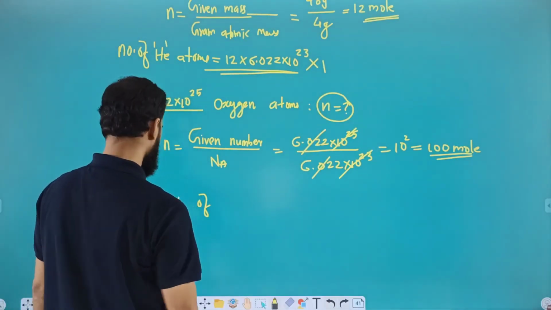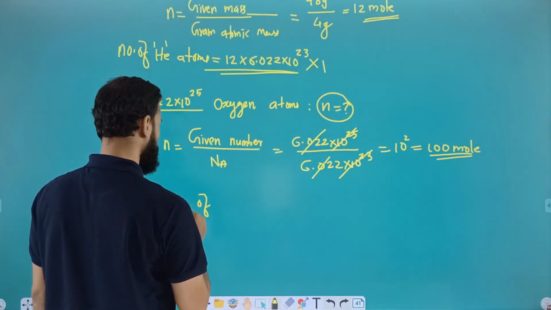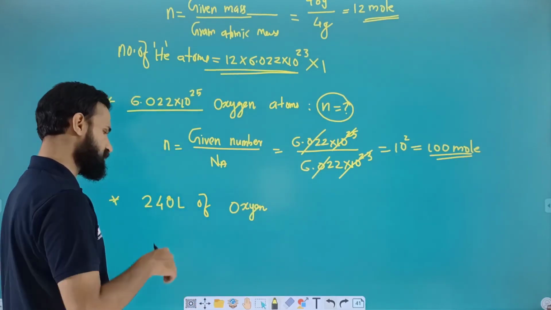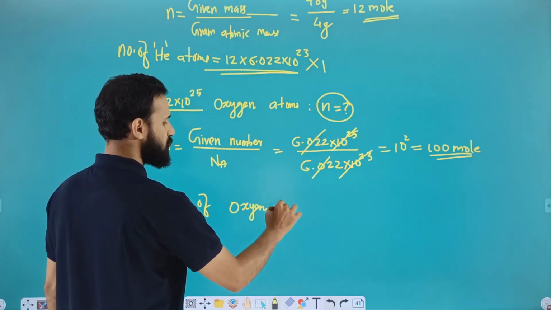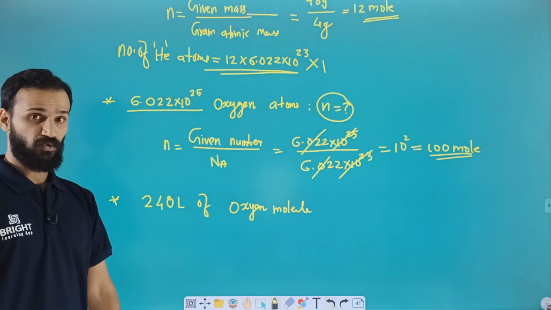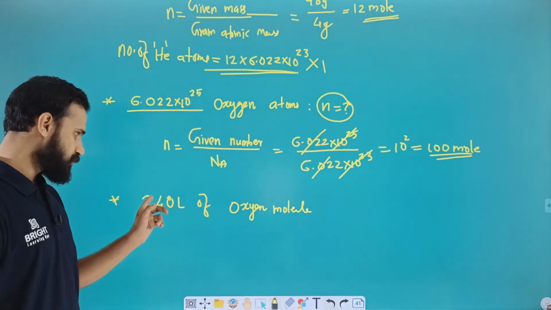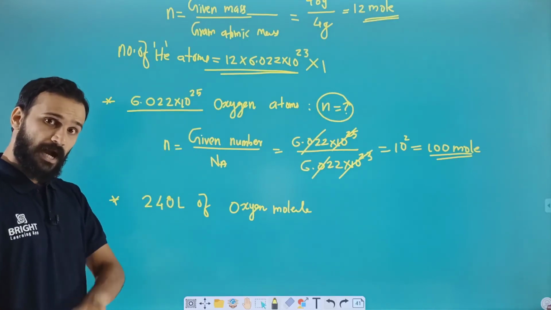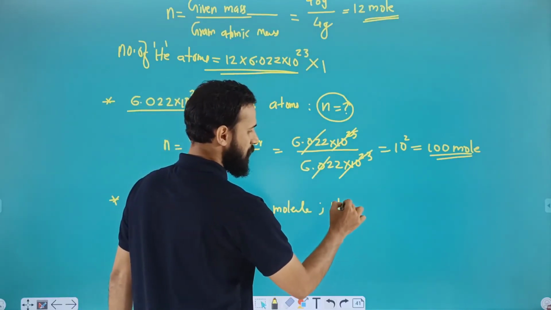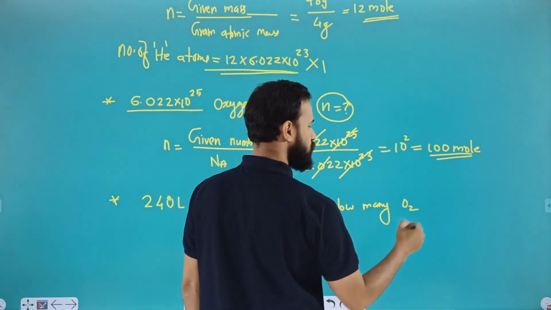Let's take oxygen gas. 240 liter of oxygen gas or oxygen molecules are there. My question is, in that 240 liter of oxygen, how many oxygen molecules will be there?